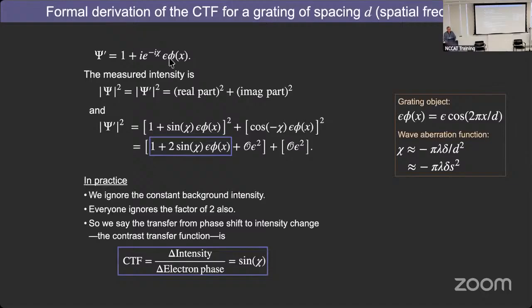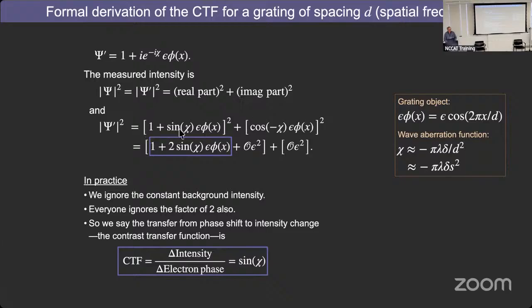This is for you quantum mechanics folks. This is what's happening with the undiffracted and diffracted wave, and intensity is just the real part squared plus the imaginary part squared.